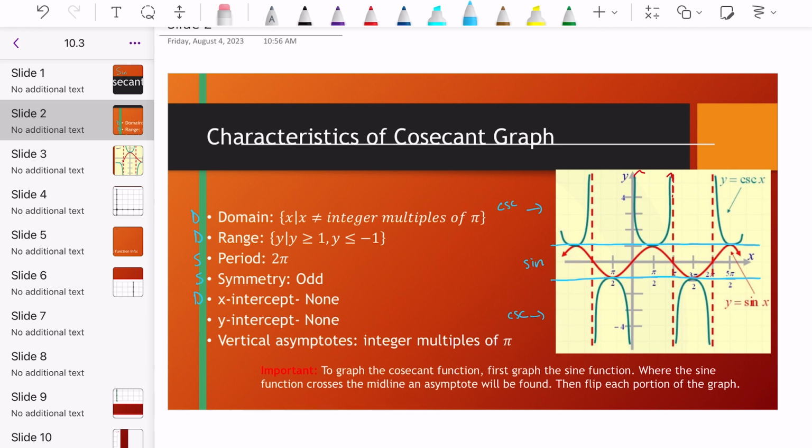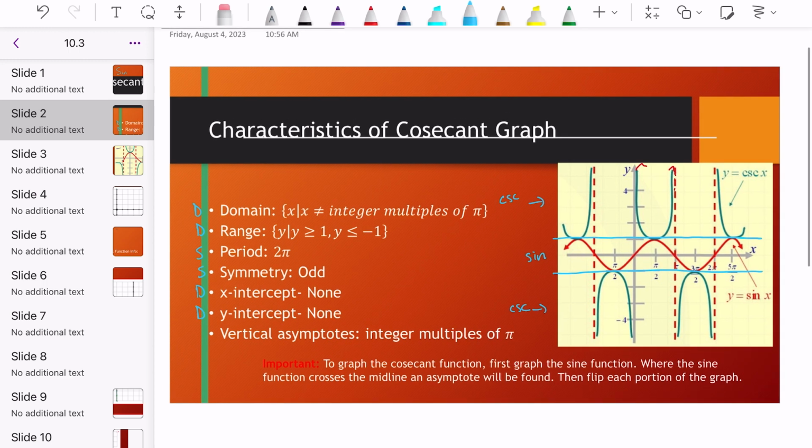The same thing occurs for the y-intercept, which is another difference. The main reason is that you will end up with an asymptote on that y-axis, which means you will never touch that y-intercept. Your vertical asymptotes will be at integer multiples of pi.